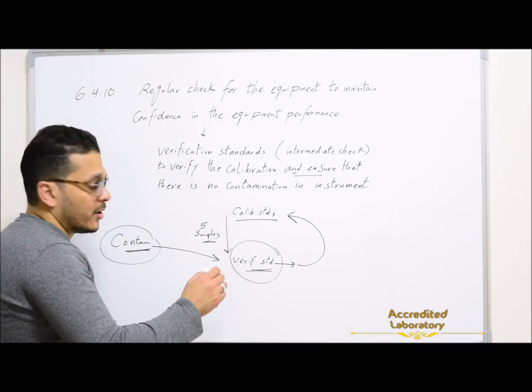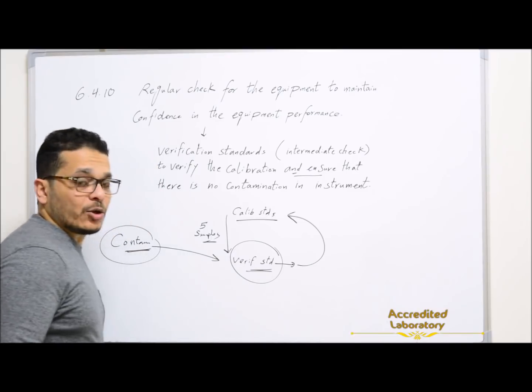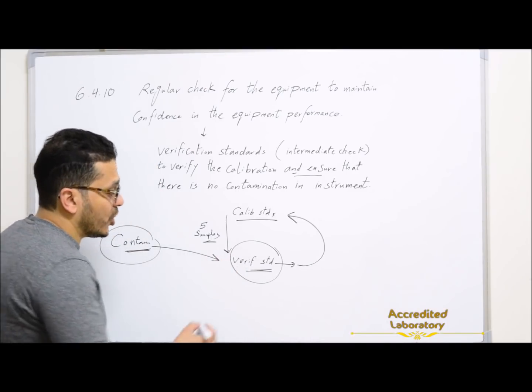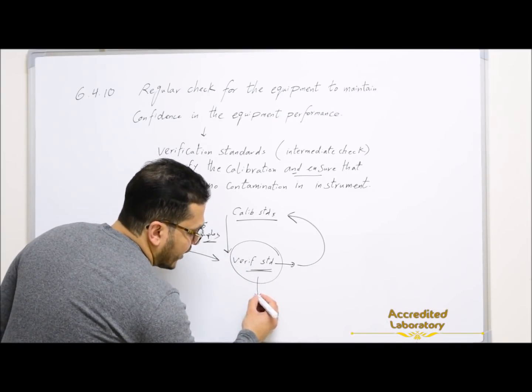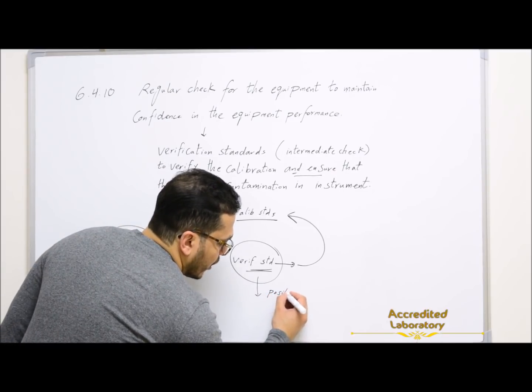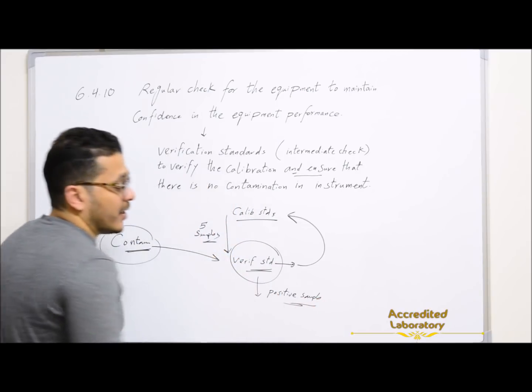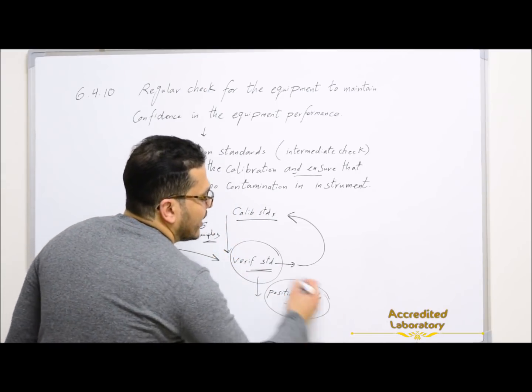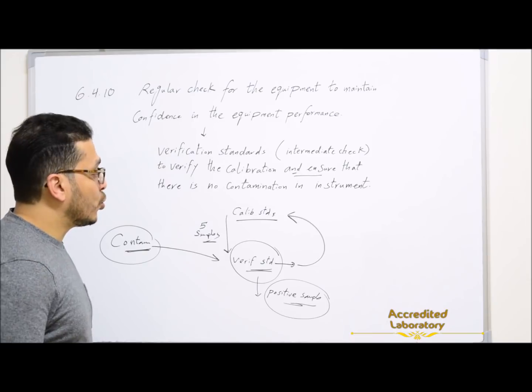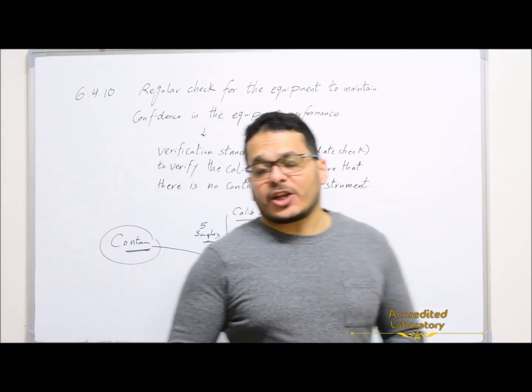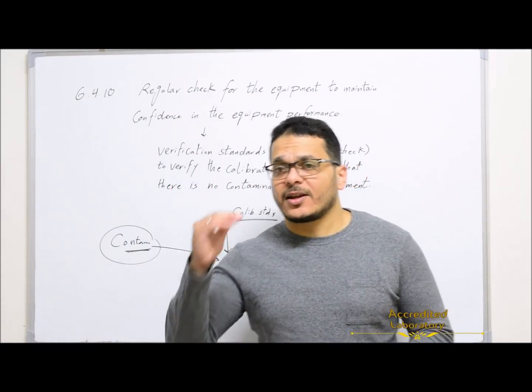If you get a verification standard higher than the normal, higher than the real concentration, in this case, if you find any positive sample after that verification standard, you will repeat this positive sample again. So you should have a regular check, such as a verification standard.